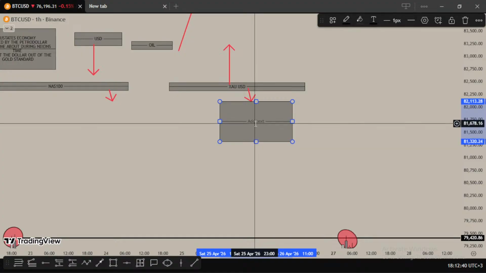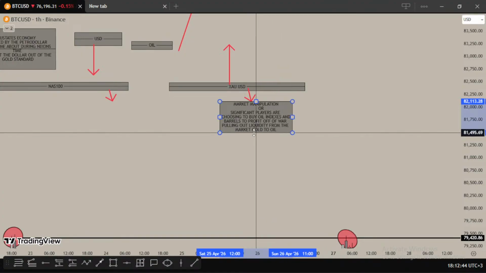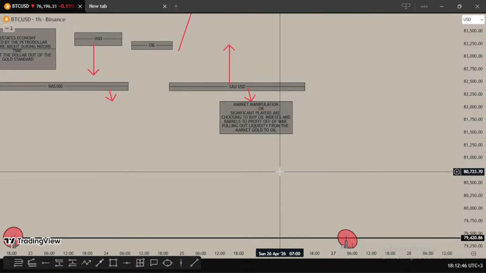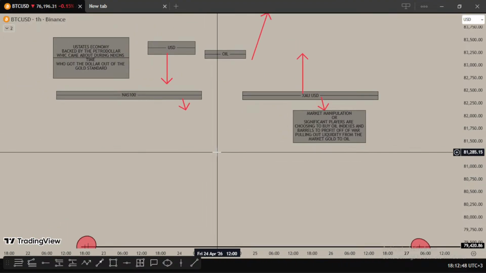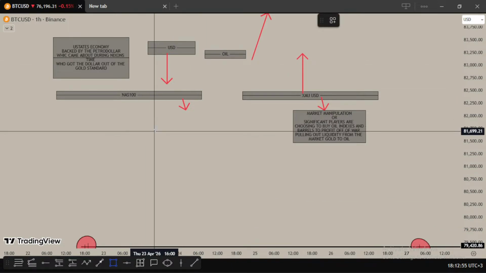So maybe that is a potential move. But if the USD is going down, I'm trading what? I'm trading Bitcoin.